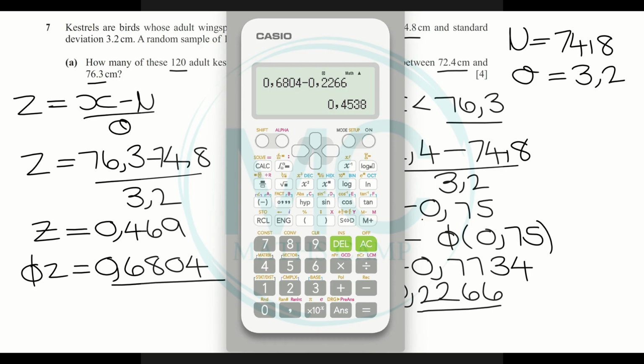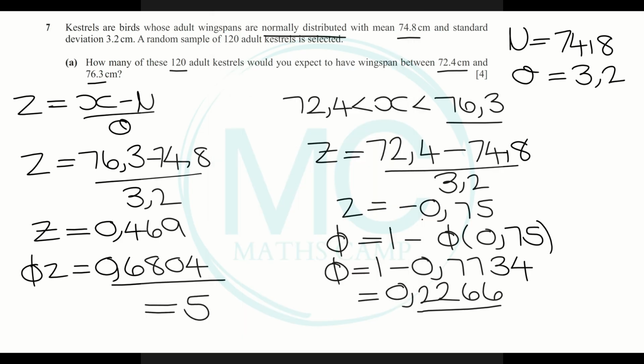To find the number of adult kestrels, all we need to do now is multiply by 120. Let's say multiply by 120 is equal to 54,456. We're working with birds, so we round off to the nearest whole number. And as our answer, we have 54 kestrels.